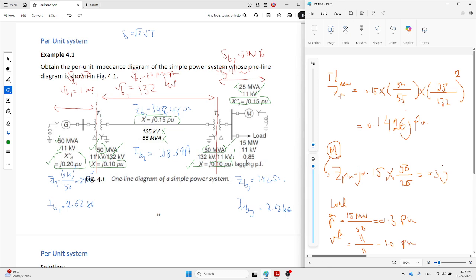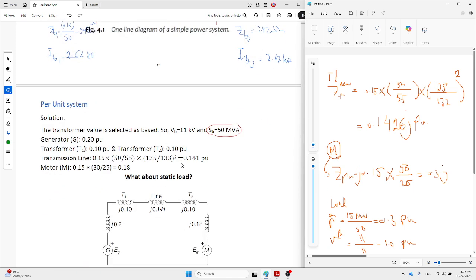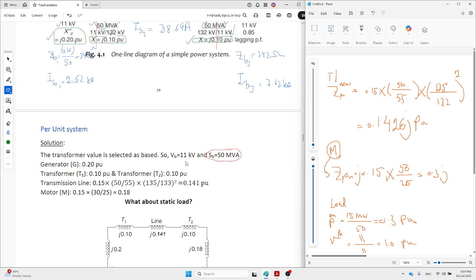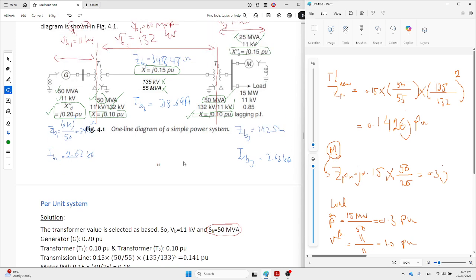And the cos phi does not need to be considered in the per unit system. It is already in per unit. So then you can see here the values rectified and modified.